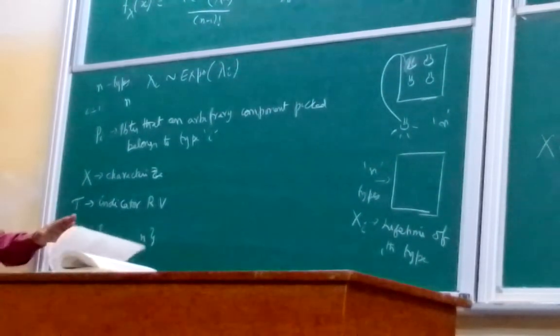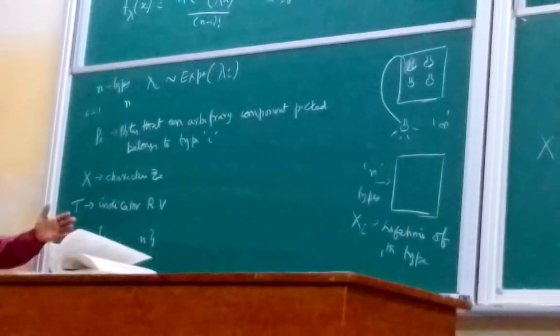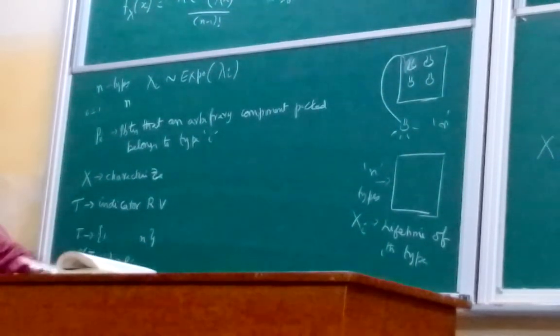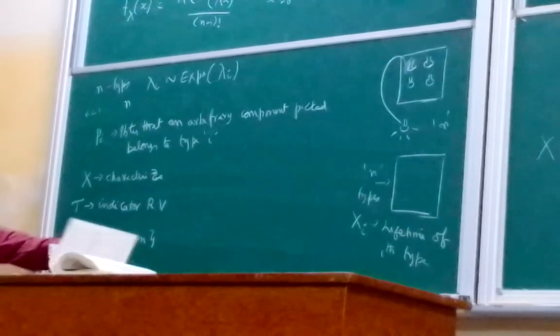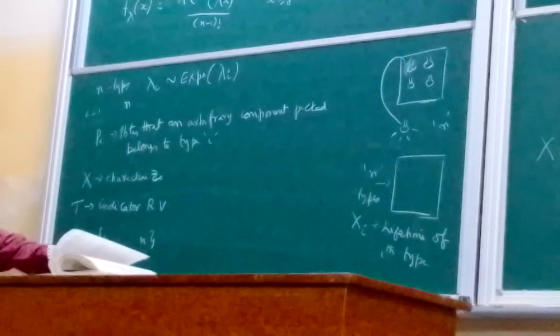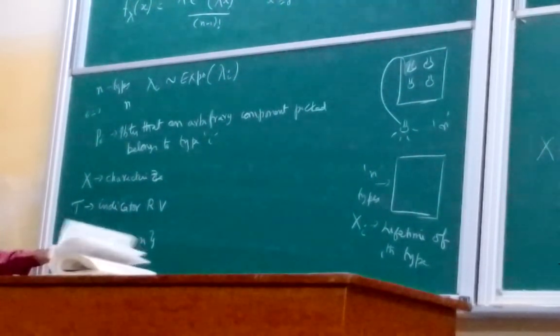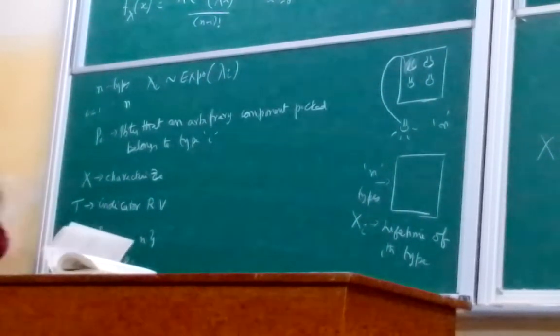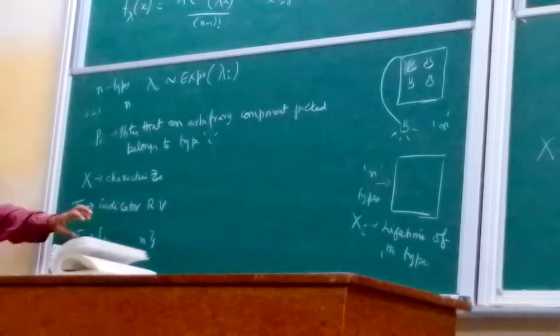So T is a non-negative integer-valued random variable. The values T can take are 1 to n. It takes the value i with probability p_i. So if the ith component is taken, then T will take the value i.